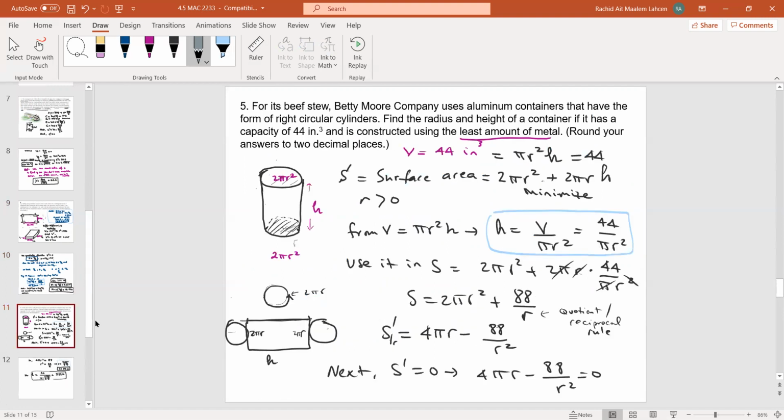And of course, you have another example where you have a surface area that you want to build something with, and minimize that surface area in order to still have the same volume that you wanted, let's say, for a can or something.